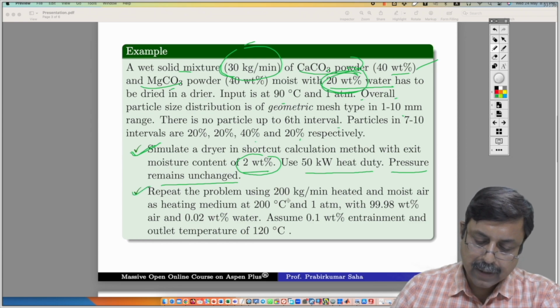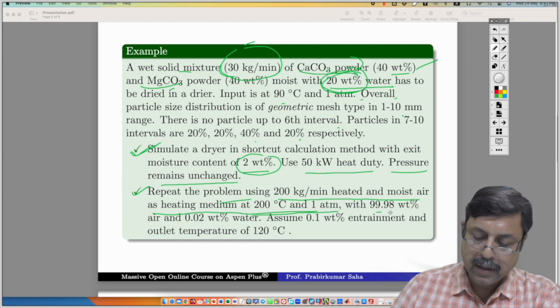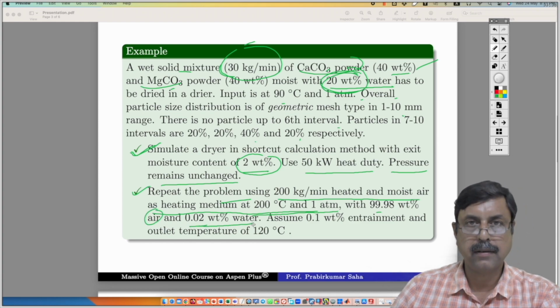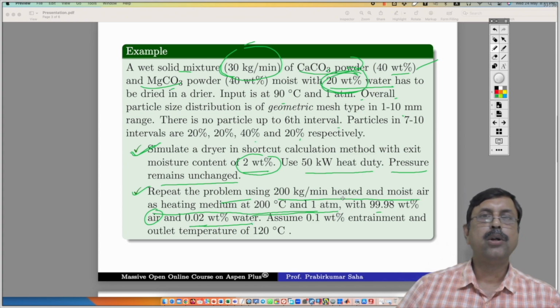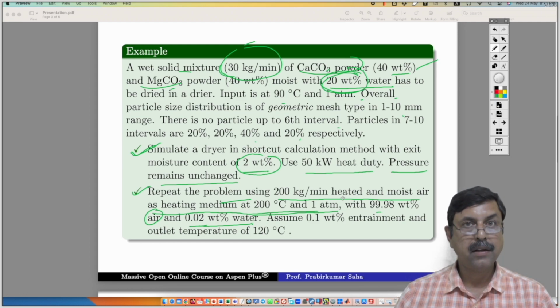The second problem is to repeat this problem using 200 kg per minute heated and moist air as heating medium at 200 degrees centigrade and 1 atmosphere, with 99.98 weight% of air and 0.02 weight% of water. So here it is a shortcut calculation, but we are using some heating medium as well.